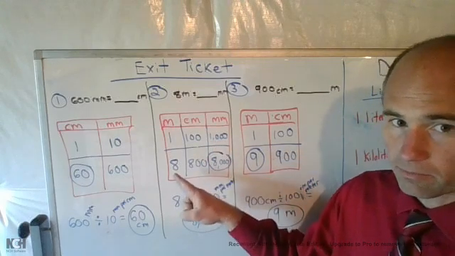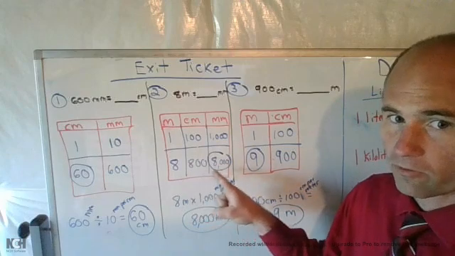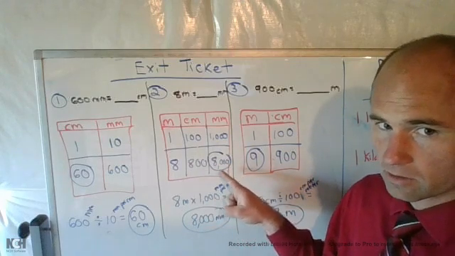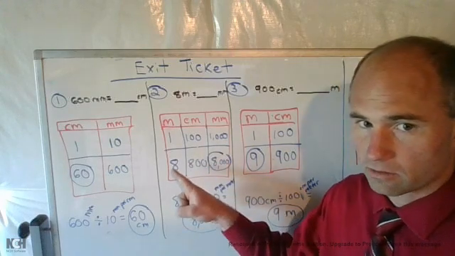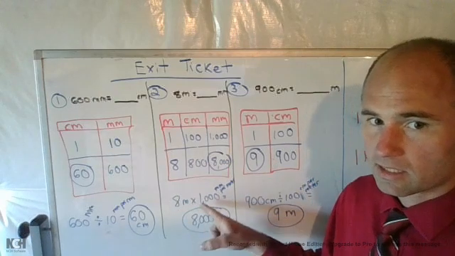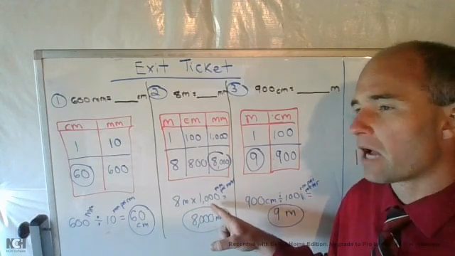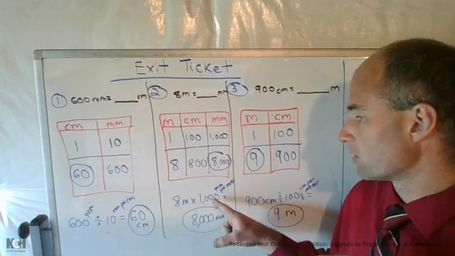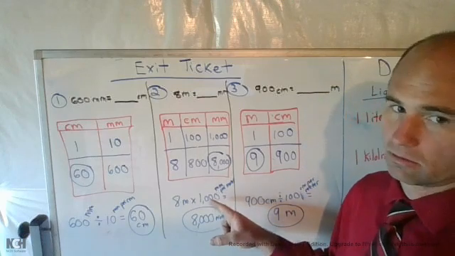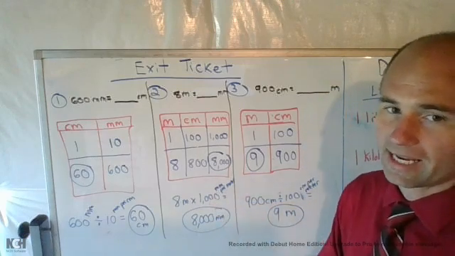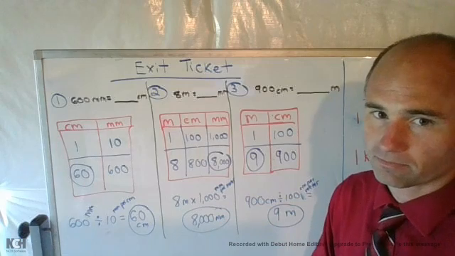But I have 8 of them. Therefore, 8,000 millimeters is 8 meters. 8 meters times 1,000 millimeters per meter gives you your 8,000 millimeters.